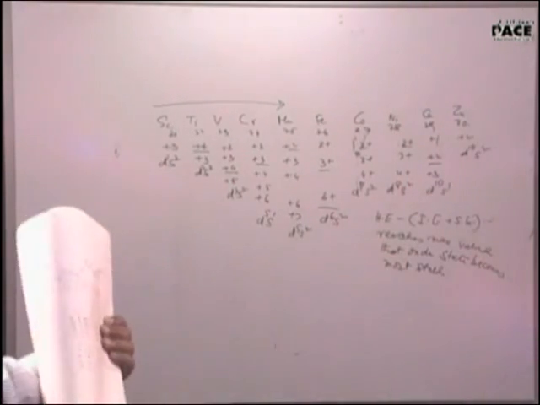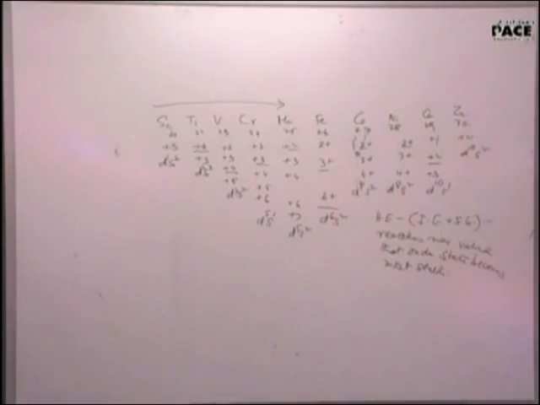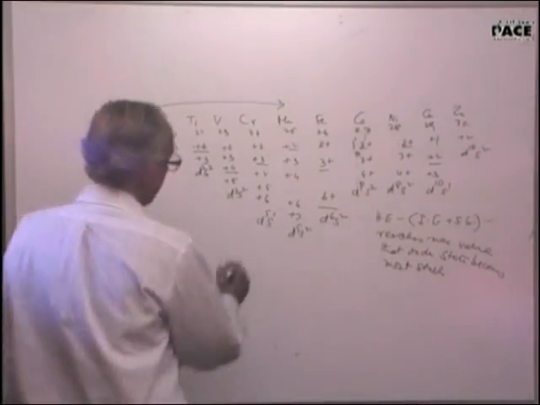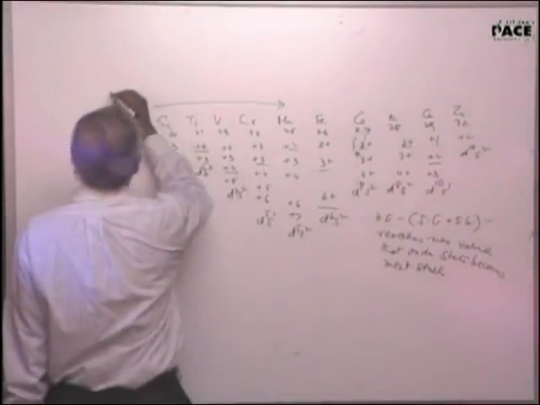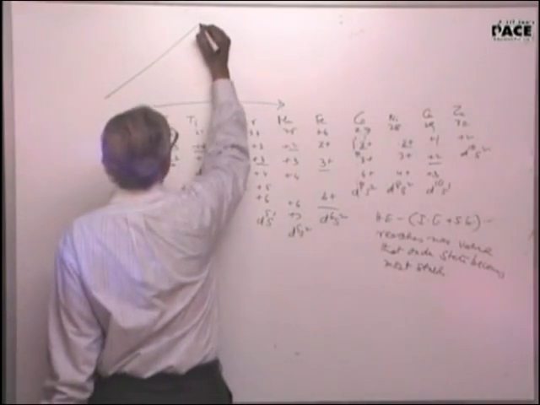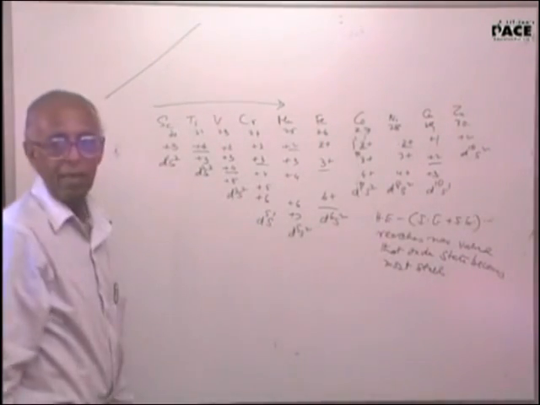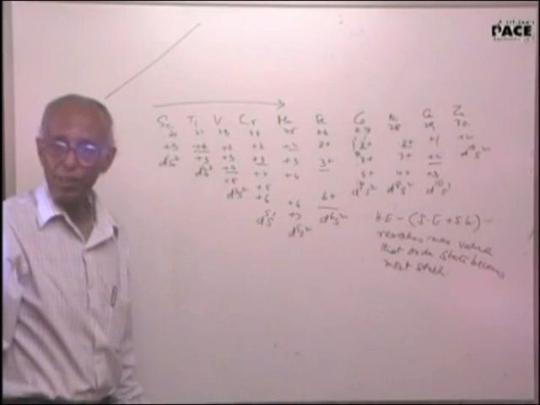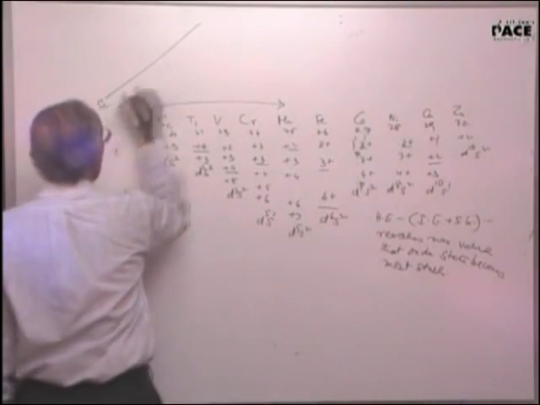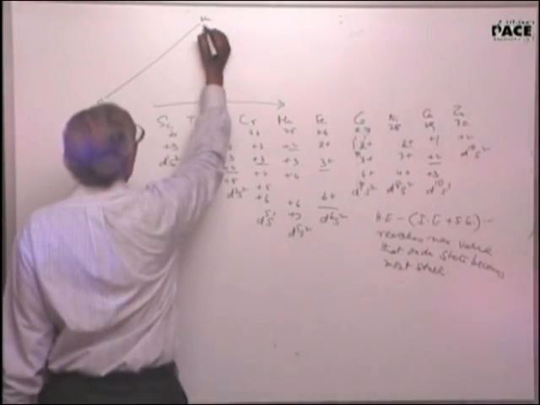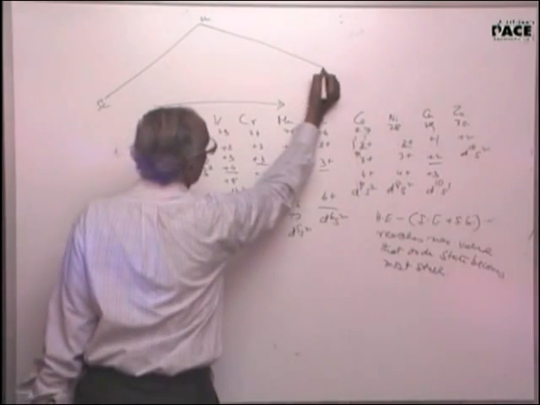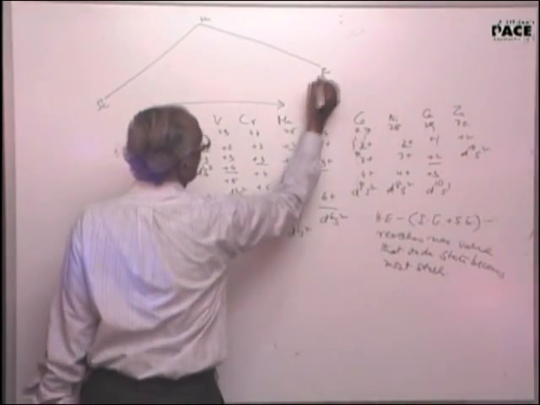Manganese shows the maximum number of positive oxidation states. So the tendency to show variable oxidation state increases from scandium to manganese, and thereafter it decreases until zinc.